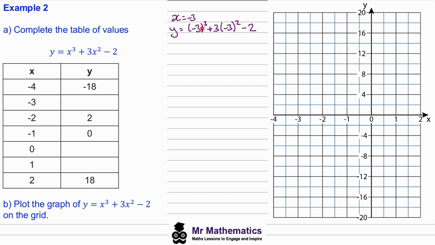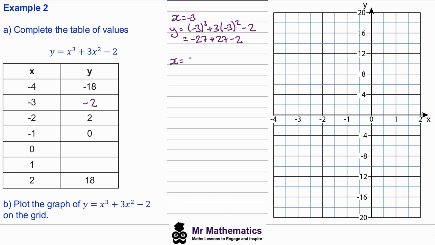So -3 cubed will give us -27. -3 squared will give us 9. Times that by 3, we'll get +27. And then we'll take away the 2. These two will cancel, so we're left with y equals -2.